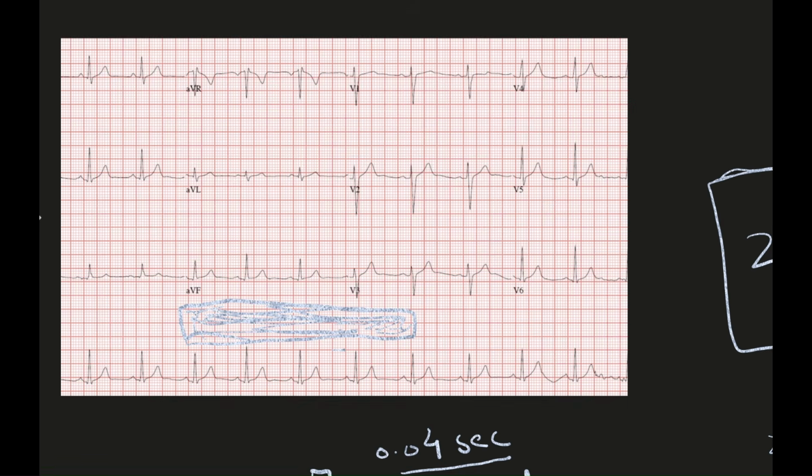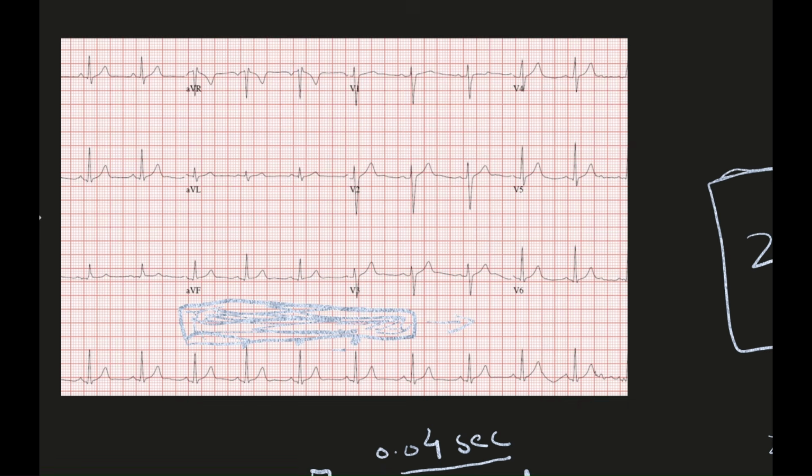Now mark 3 consecutive QRS complexes over this paper. For example, put a dot over here, a dot over here, and then a dot over here. Now the next thing you need to do is move that paper one by one onto the next QRS complexes.